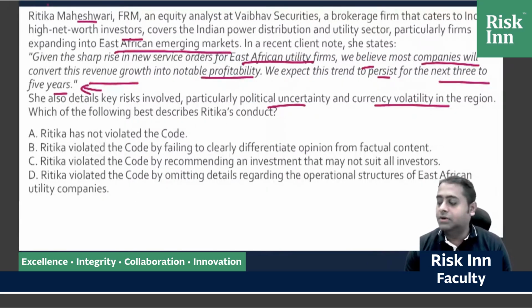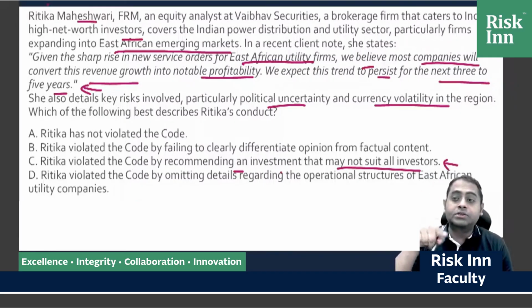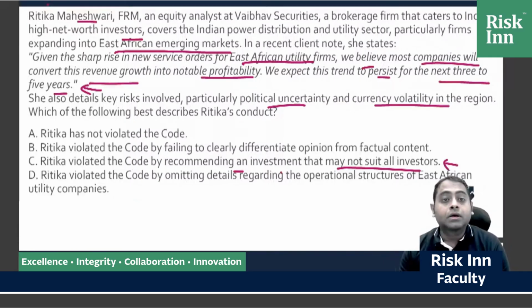Come on, guys. What is the answer? A lot of people are saying C, but they are saying it does not suit. Is it written in the statement that it does not match the requirements of the investors? We cannot see that. So this is wrong.